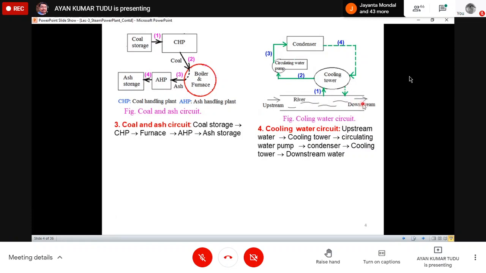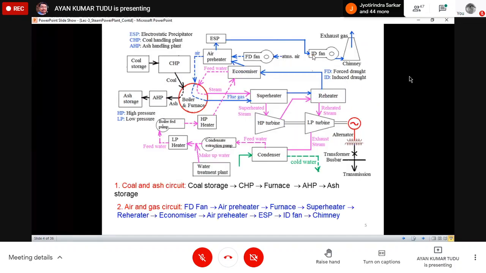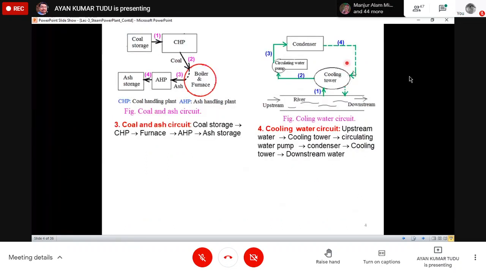Now, the flow of water through this condenser should be such that the hot water at the outlet is not unsafe for the aquatic creatures in this river or lake, whichever may be used.